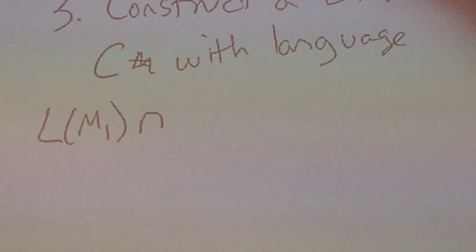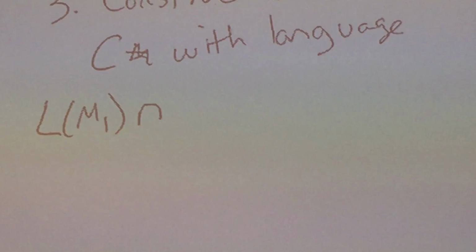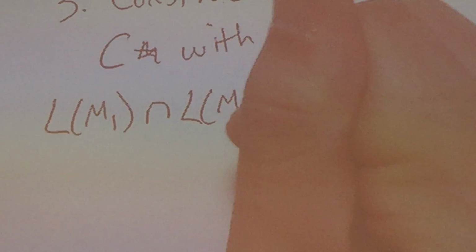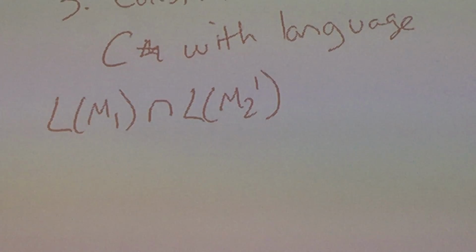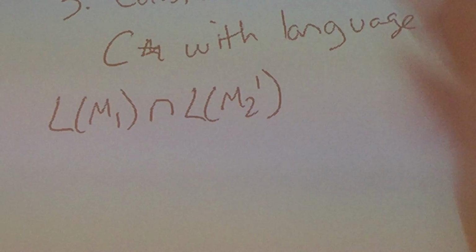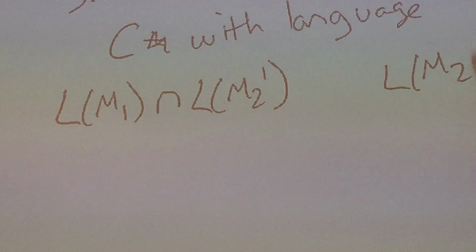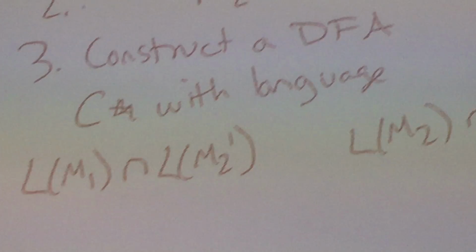So I'm doing this shaded region right now. M2's complement is just L of M2 prime. So L of M1 intersect L of M2 prime. But I also want the union of that with the shaded region over here. That is just L of M2 intersects L of M1 prime.